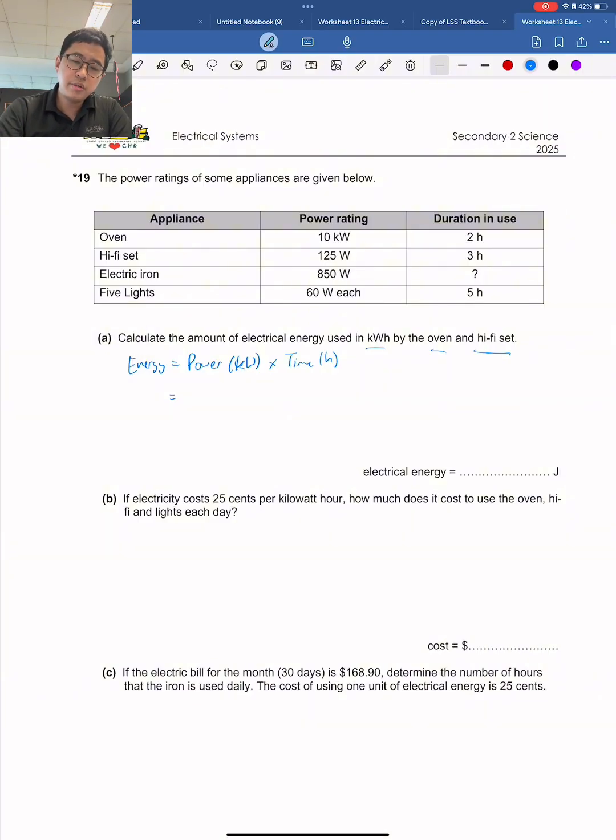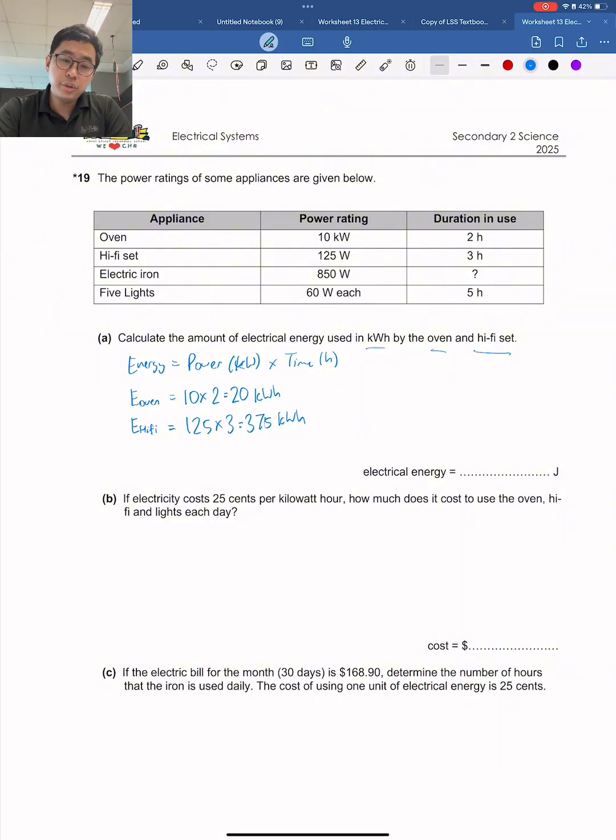So in this case, the energy for the oven is 10 times 2 equals 20, and the energy of the hi-fi equals 125 times 3 equals 375 kilowatt hour.